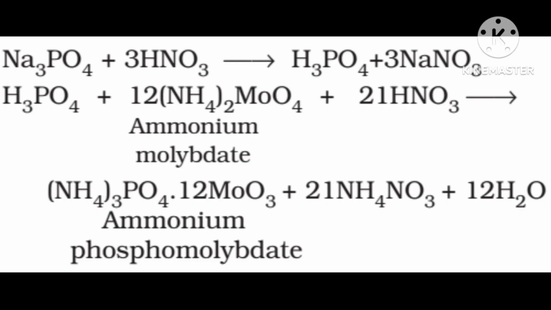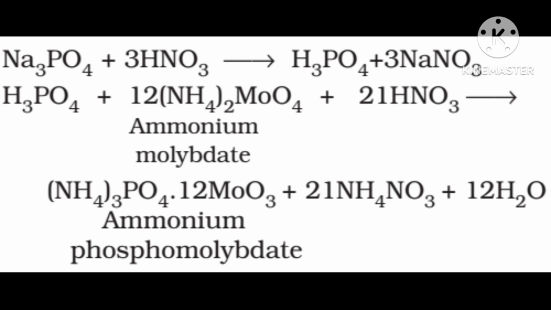The reaction you can write like this. Na3PO4 means sodium phosphate. PO4 has a 3 minus charge, the phosphate anion. To neutralize 3 negative, 3 positive is required, so Na3, each Na has 1 plus.